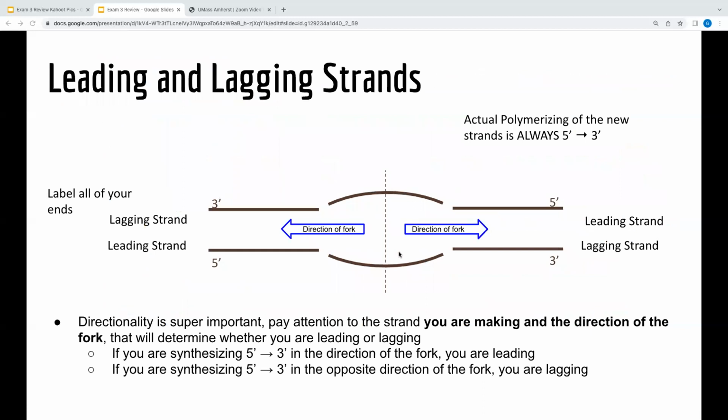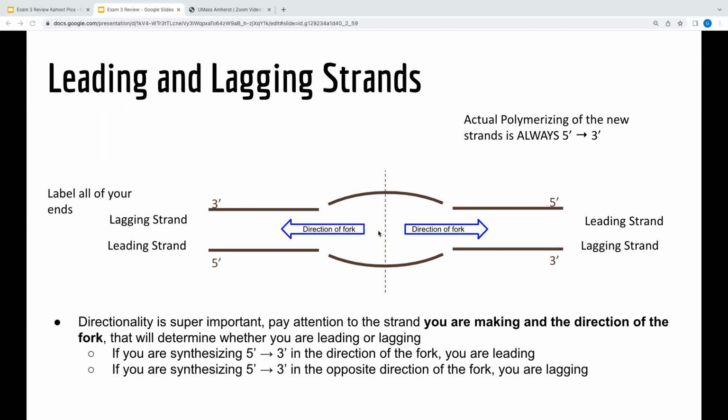So I was just talking about leading and lagging strand, the direction of replication is going this way. And so on each side, it's going in opposite directions, right? But depending on what is labeled 5' and 3', on each side, you might have to figure out which one is the leading or lagging strand.